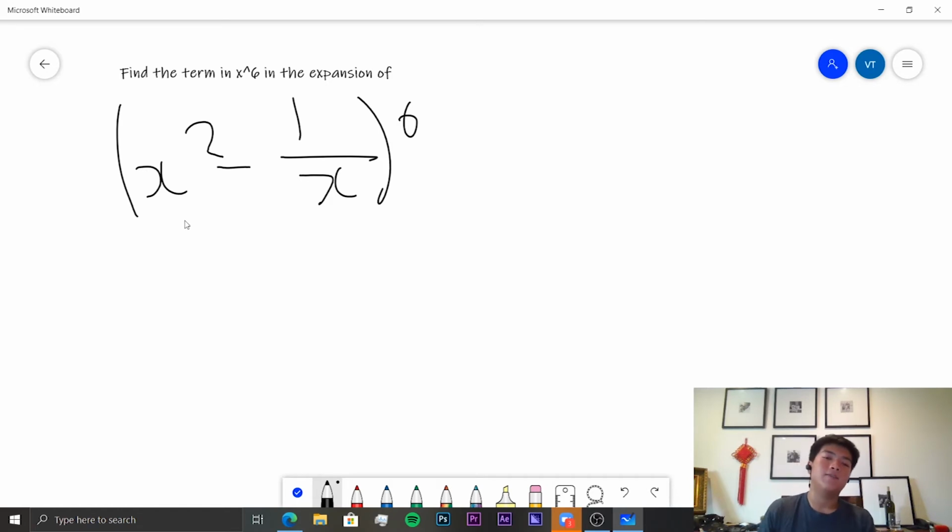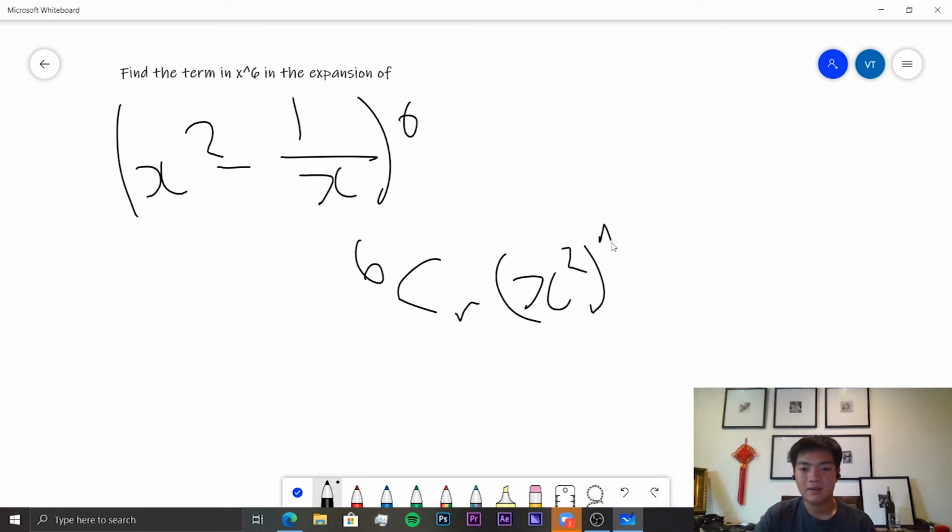Well, we need to find which term will have x to the 6th as its power. And so we know that it's of the format 6 choose r, x squared to the n minus r times negative 1 over x to the r.